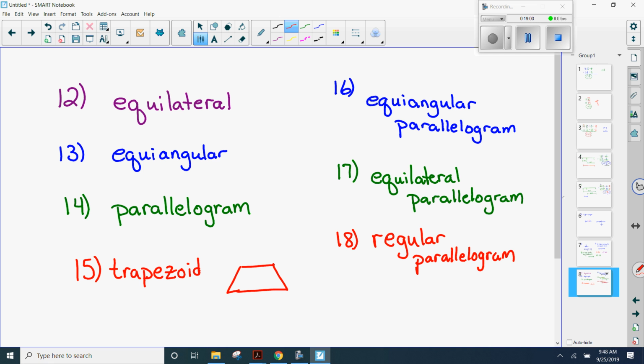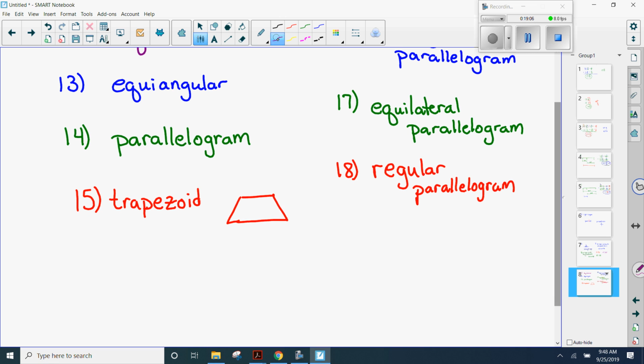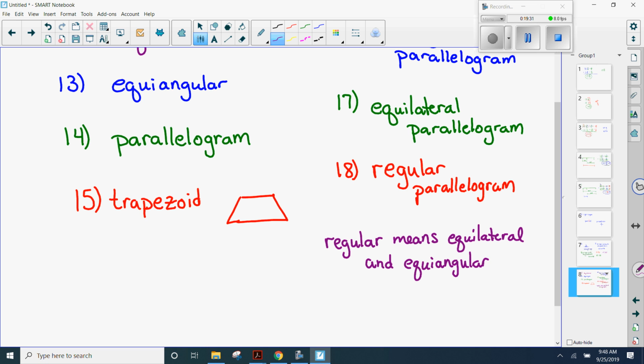Regular means equilateral and equiangular, the combination of them.